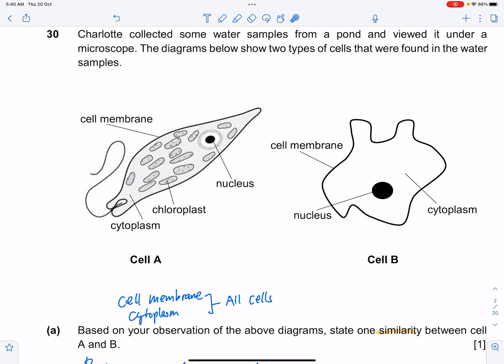This struck me as something that could be important, because if you take a close look, it's an animal cell, right? Because it doesn't have a cell wall, yet the chloroplast is present. So this should flag out as something very significant to you, right?